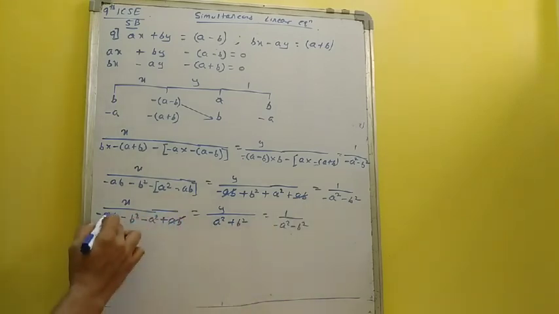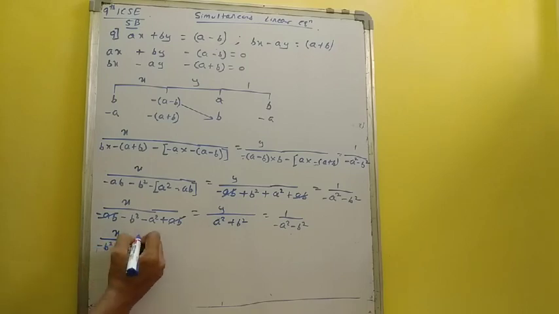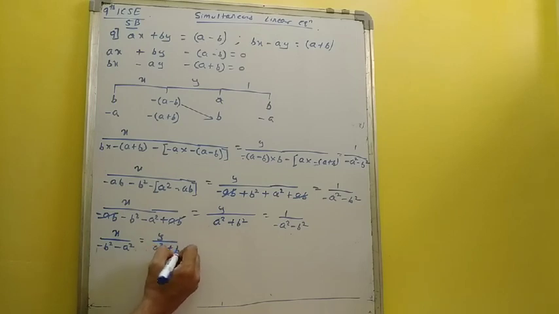Over here also plus ab minus ab will get cancelled, so I have x upon minus b square minus a square, y upon a square plus b square, and 1 upon minus a square minus b square.